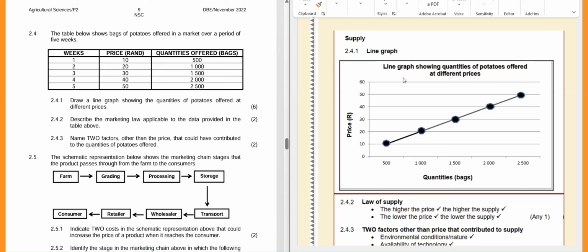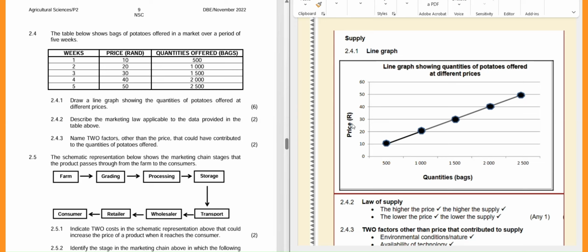Then on the y-axis, you should have a label. You should say this is the price: 0, 10 rand, 20 rand, 30, 40, 50, 60 rand.